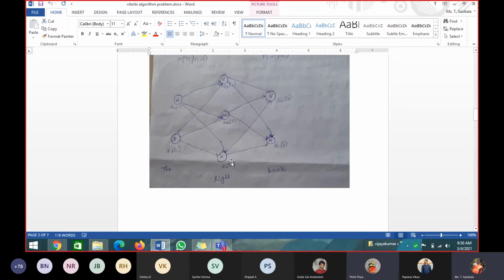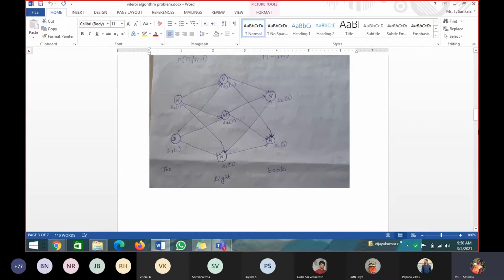What is word transition probability? Light as a noun. And what is the tag transition probability? T_i given T_{i-1}, noun given determiner.